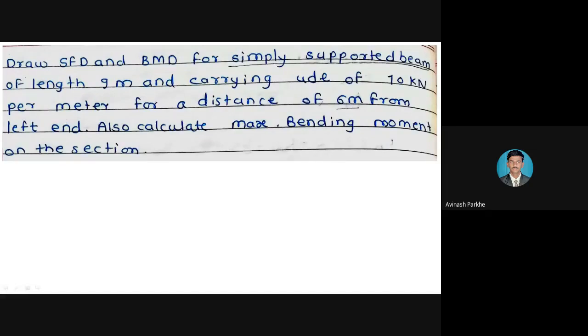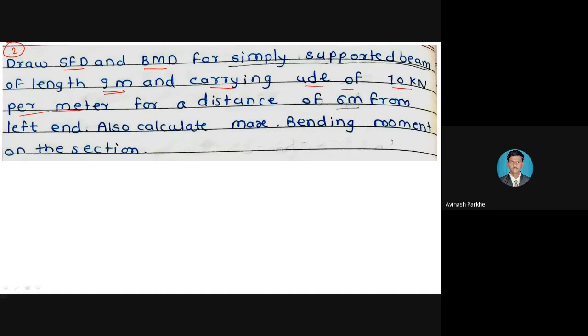Okay, so now this is the second problem in front of you. What is the statement given? Draw SFD and BMD for the simply supported beam of length 9 meter, carrying UDL of 10 kilonewton per meter.